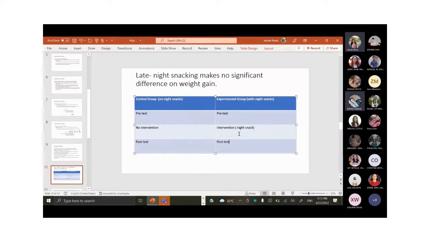Lalo na pag nakita natin na mas tumaas ang body mass index. Pero, however, ito kasi wala tayong presumption of which group should have a higher or lower score. We are only concerned about looking at significant difference. So now we can safely conclude that late night snacking affects BMI of our samples.